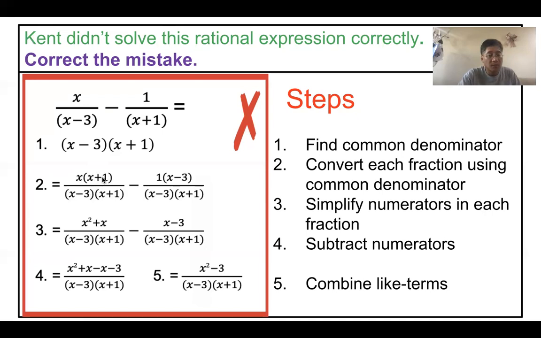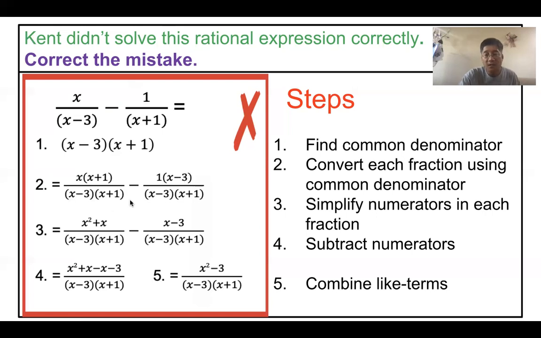So you multiply by x plus 1, so 1 times x. Likewise, the second fraction's denominator, x plus 1, became x minus 3, x plus 1. It means you multiply by x minus 3, so you multiply the numerator by x minus 3 too. And then what do you do?